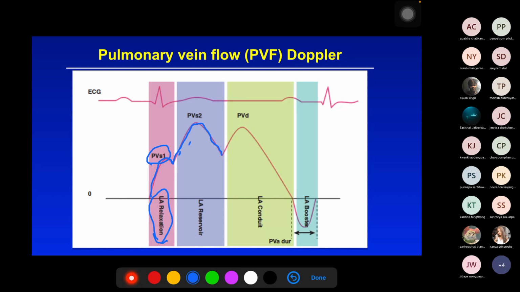Then the blood in the lung continues to be squeezed back to the LA. It generates the PVS2. PVS2 is caused by the right ventricle contracting and pushing blood to the lung, and the consequence is the flow back to the LA.